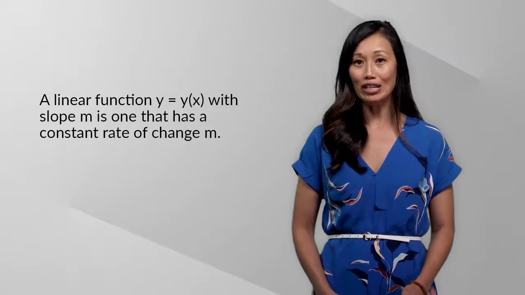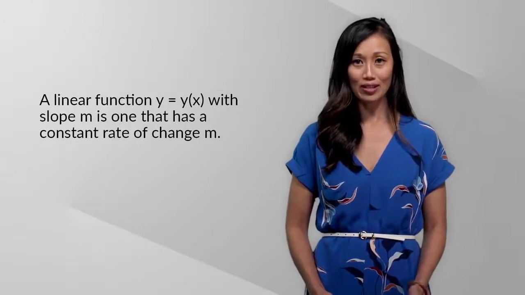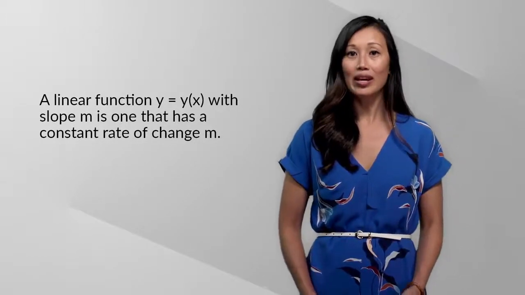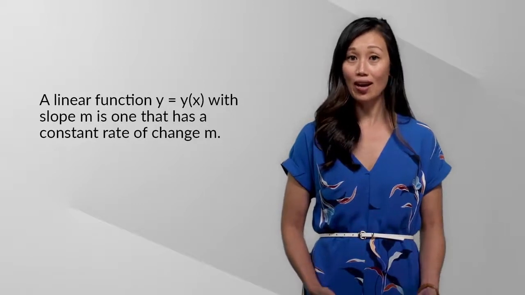In this unit, we will look more closely at the structure of such functions and show where the formulas we presented in those applications originated. In the last unit, recall that a linear function, y equals y of x, with slope m, is one that has a constant rate of change, m.